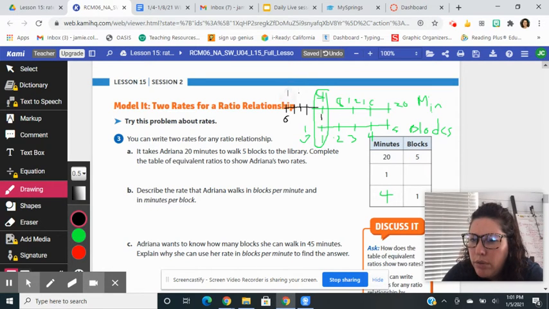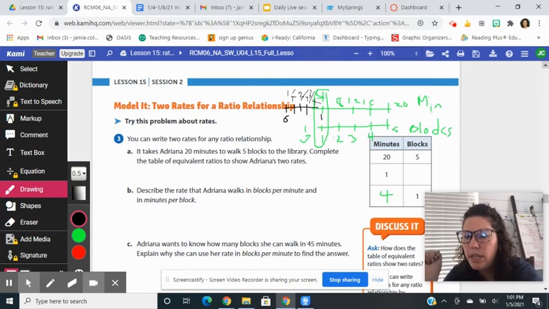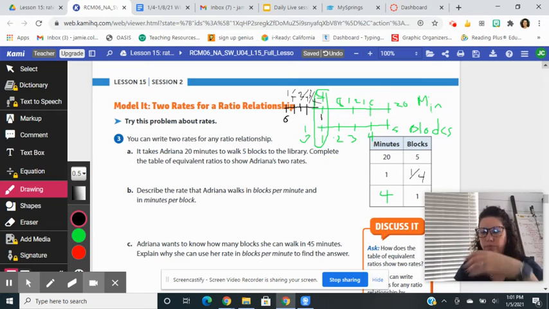Okay, 1/4, 2/4, and 3/4. Okay, sorry if you guys have a hard time seeing that. So if they want 1 minute, then that's going to have to be 1/4, because we broke it down into fourths. Okay.